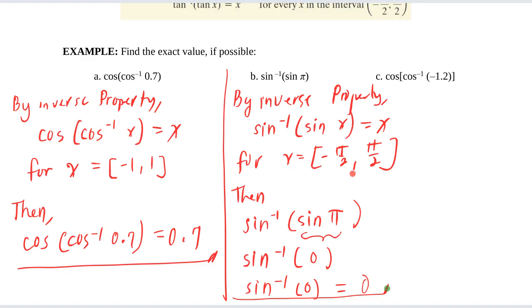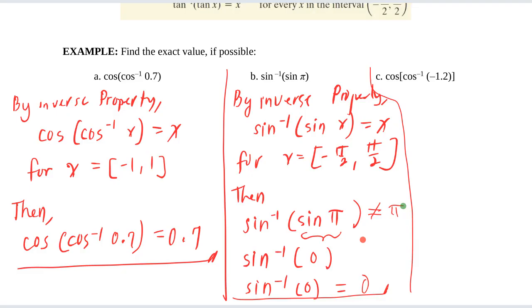So it does not cover this property for us to say that this given statement is simply equal to whatever input here, which is pi. If that's the case, then what you can do is apply what we have learned from the previous concept. Okay, next one. Let me just complete my statement here.